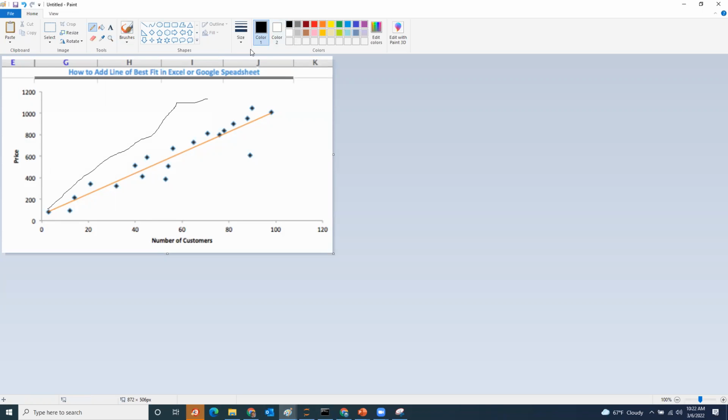Sorry, let me draw a line. I have a line like this. Is this a best fit line? It is not, because if you add up all the differences between the points and this line, it's going to be a bigger number, right? But compared to this other line, when you total up the distances, this is going to be less.